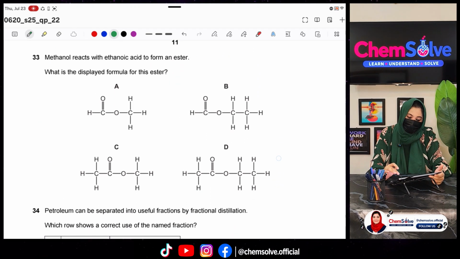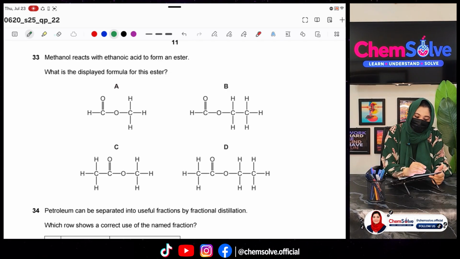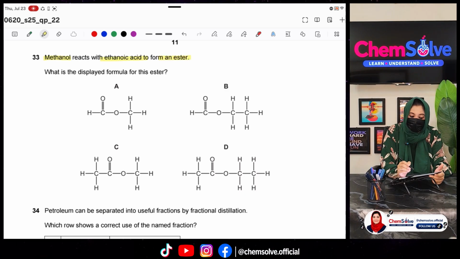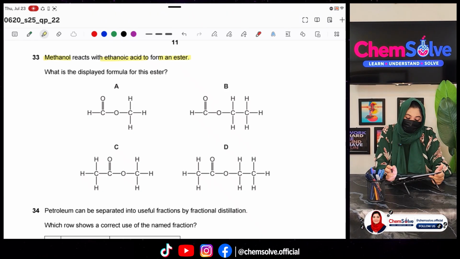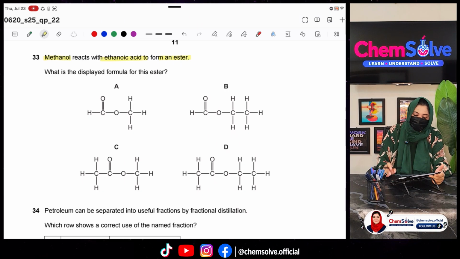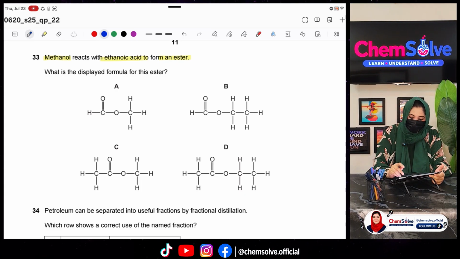Moving towards question number 33. Methanol reacts with ethanoic acid to form an ester. We have one alcohol and one carboxylic acid. So let's react them together to get our ester. Methanol and ethanoic acid.